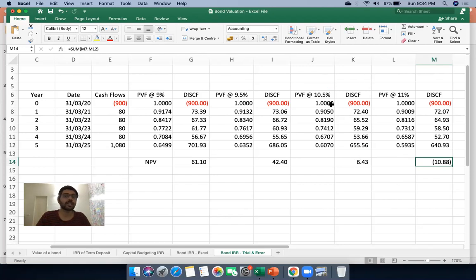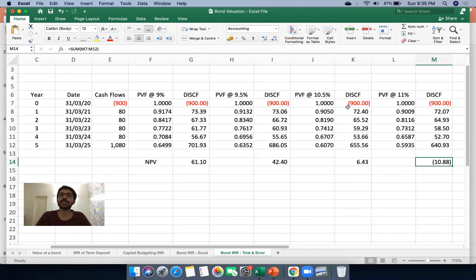Okay, so a discount rate of 10.5% is giving me a positive NPV of 6.4. A discount rate of 11% is giving me a negative NPV of 10.88. My target NPV is 0 because IRR is that rate of return at which NPV is equal to 0. If you discount all the cash flows at IRR, the NPV will become equal to 0. Okay.